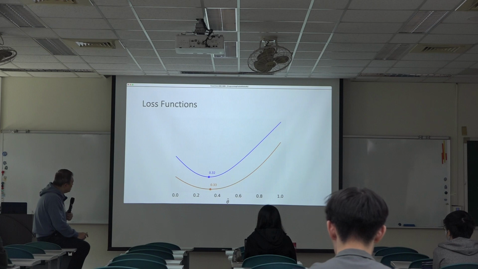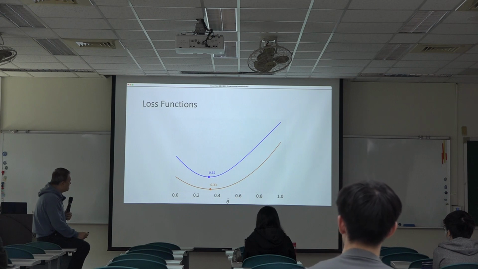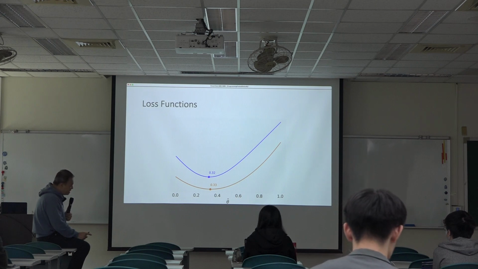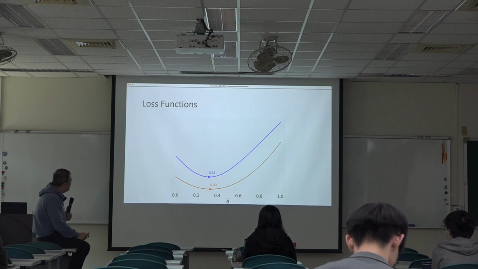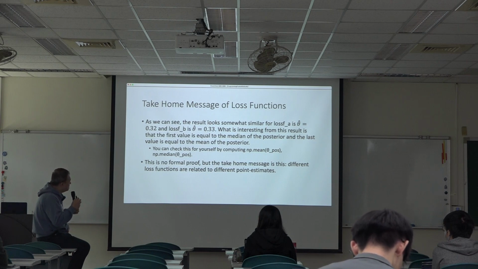So you can see that different loss functions will have a different theta hat at the minimum place. Obviously for loss A, the absolute loss function, the theta hat that minimizes it is at 0.32, and the theta hat that minimizes the quadratic loss function is at 0.33.